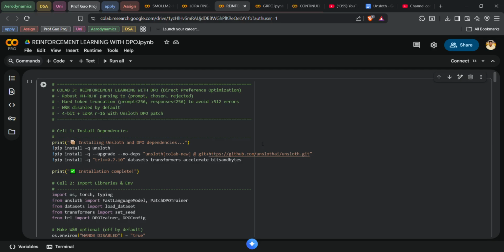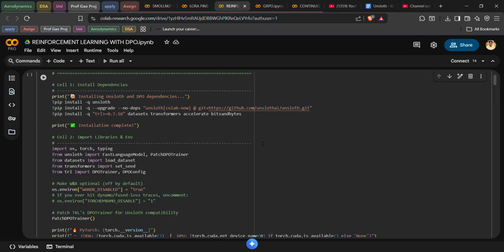The model learns to increase the probability of chosen responses and decrease the probability of rejected ones. The beta parameter controls how aggressively it optimizes; we're using 0.1, which is very conservative.